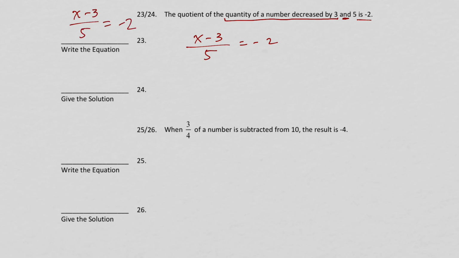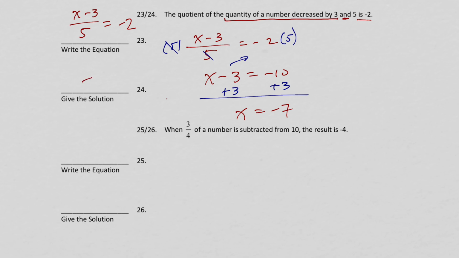So now I'm going to multiply each side by 5. And these will cancel, and we'll get x minus 3 equals negative 10, and then we'll add this to each side, and we're going to get x is equal to negative 10 plus 3 is negative 7.